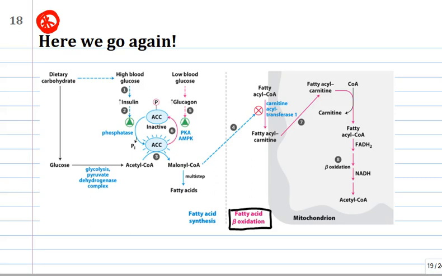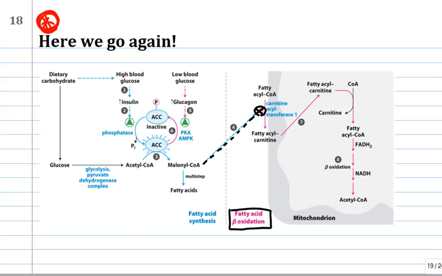What we know is that there's a molecule called malonyl-CoA. And malonyl-CoA, right here, can, look at this, boom, that's an X, ladies and gentlemen. Malonyl-CoA blocks carnitine acyltransferase 1.